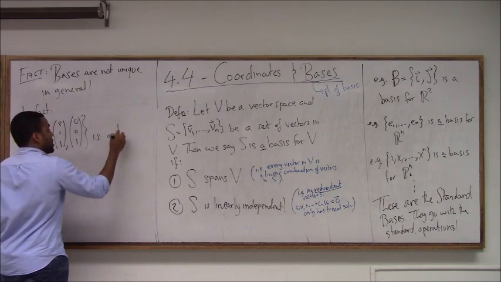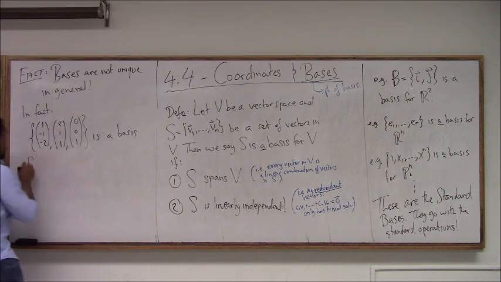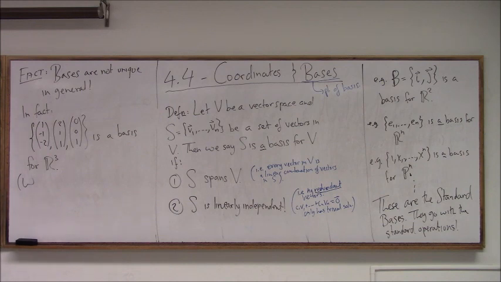That is a basis for R3. We showed they actually spanned R3, we proved that in the last lecture, and we just showed in this lecture that they're linearly independent.